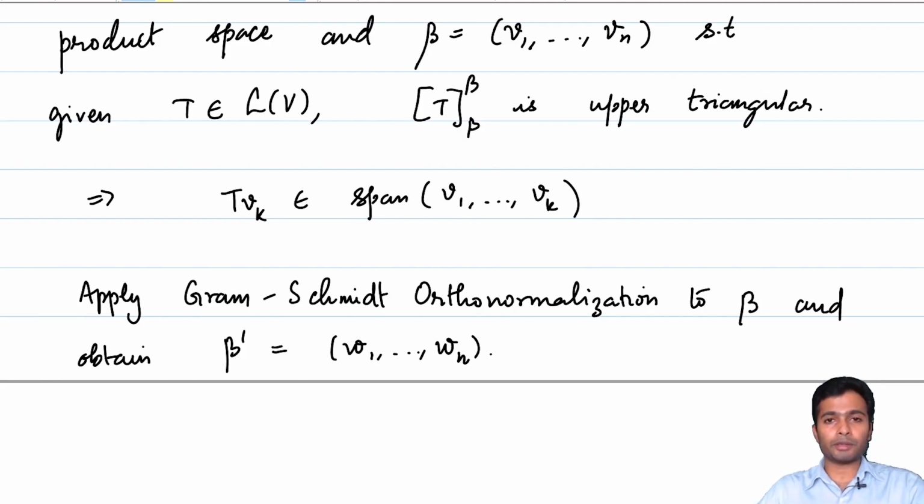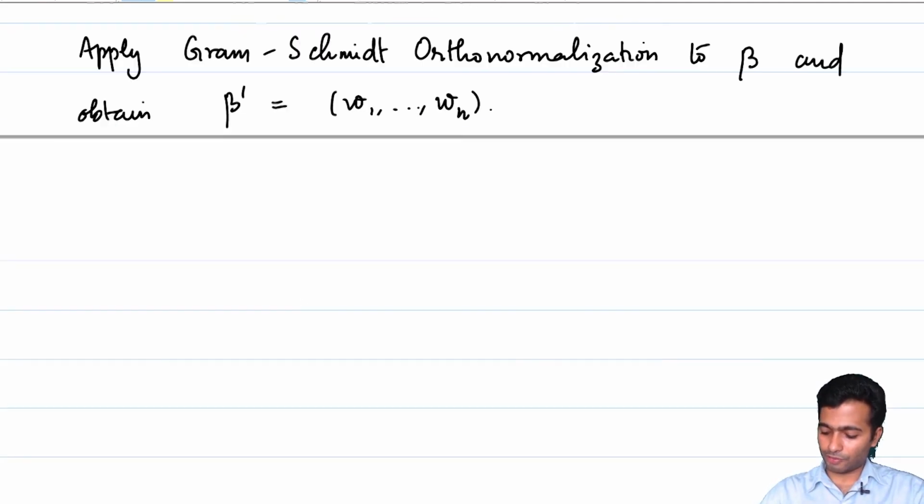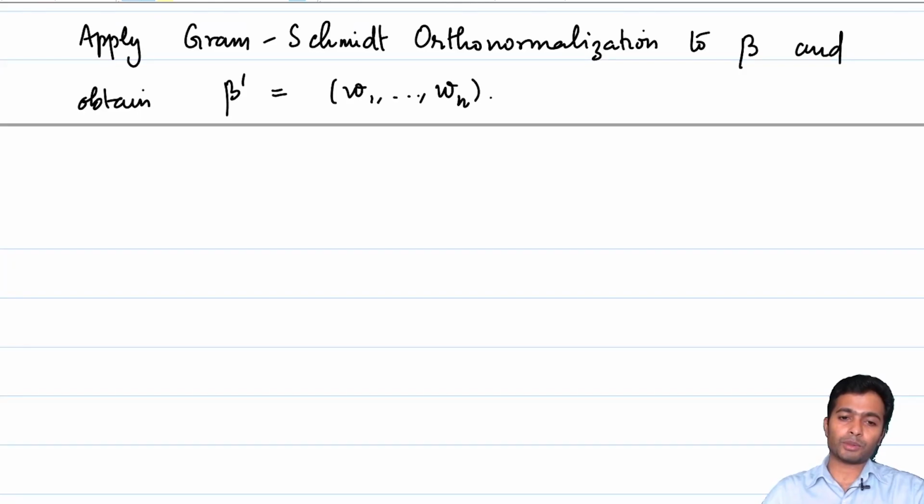So beta prime is obtained by Gram-Schmidt orthonormalization of V1, V2 up to Vn, and therefore we get hold of vectors W1, W2 up to Wn.